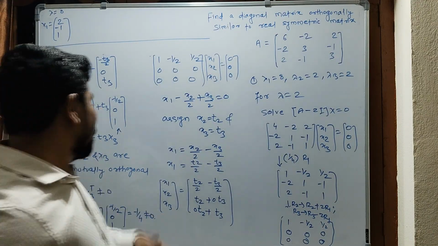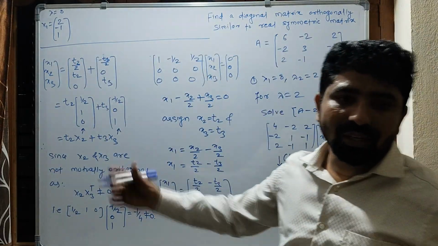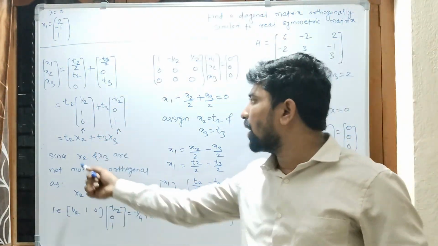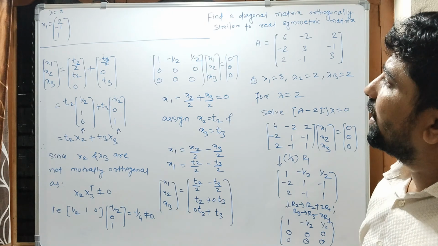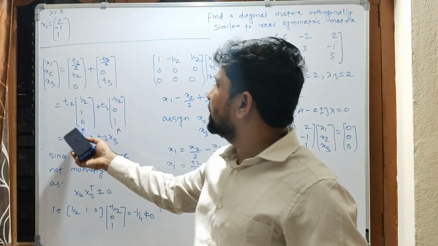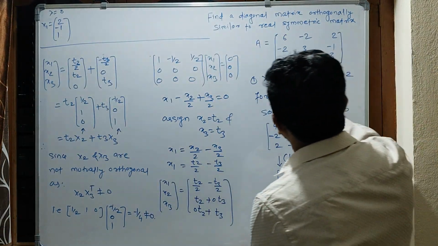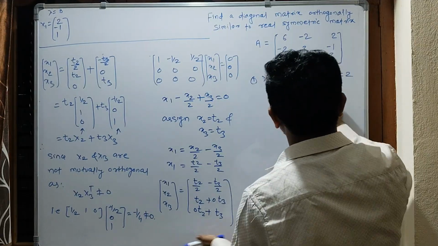Then try to find the eigenvector x3 which is mutually orthogonal to this x1 and this x2.